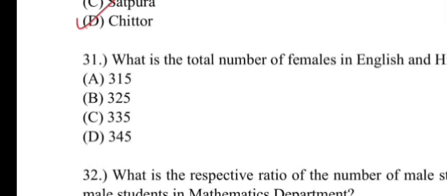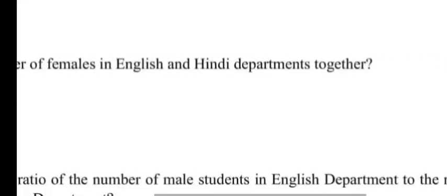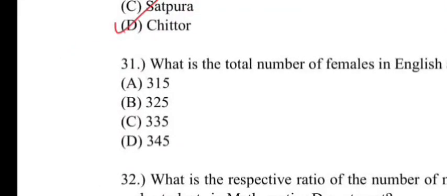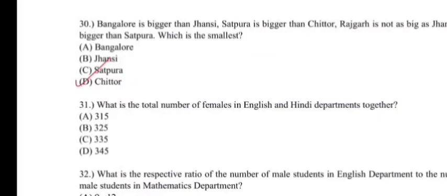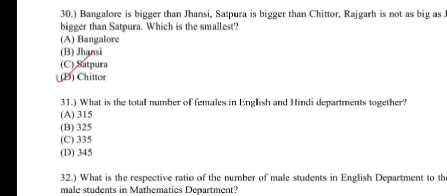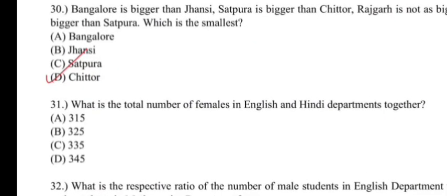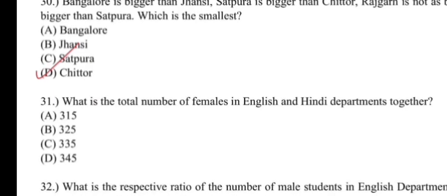31. What is the total number of females in English and Hindi departments together? From where this question has come? What is the total number of females in English and Hindi departments together? 315, 325, 335, 345. I have little suspicion on this question.